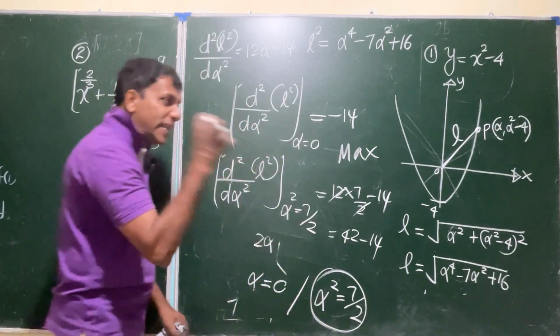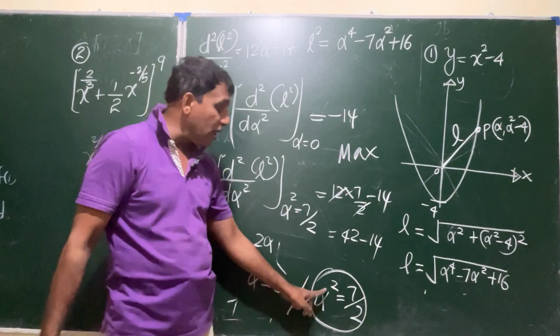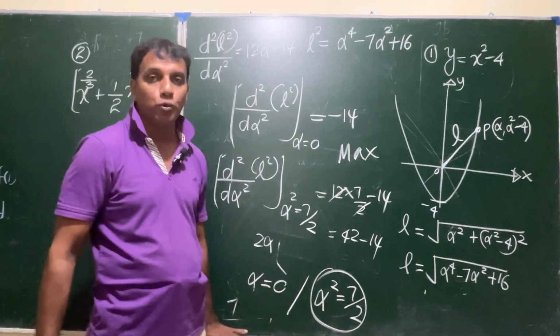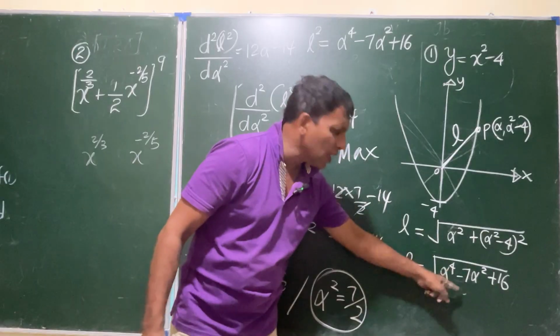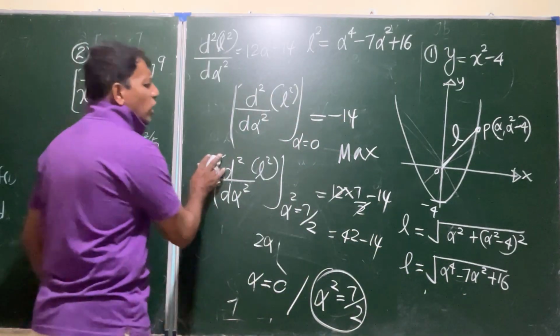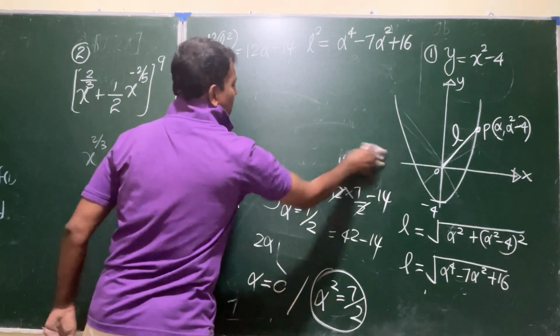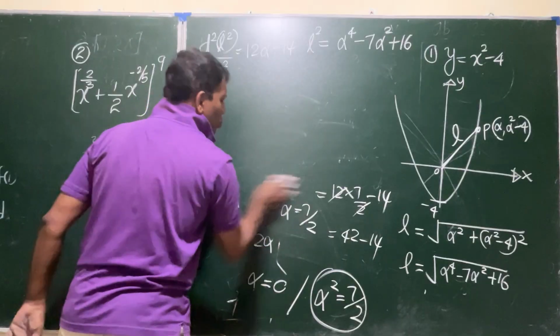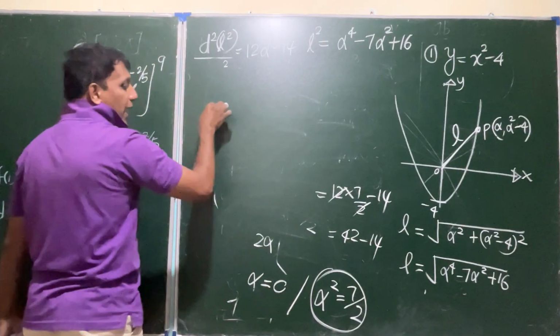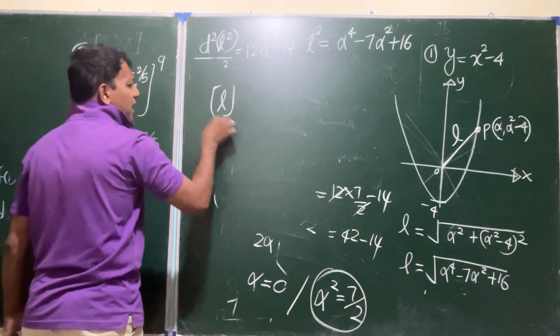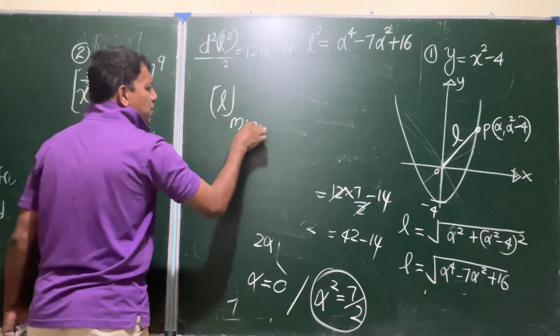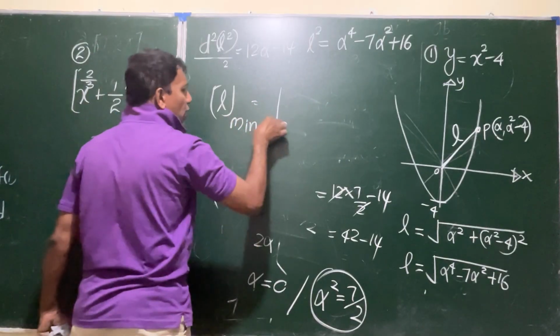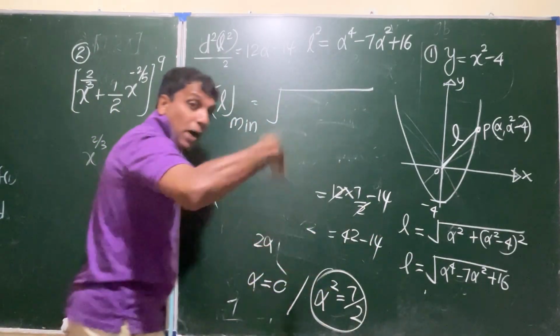Therefore, we take the minimum distance at alpha square 7 over 2. Therefore, the smallest length from the origin to the particular curve, L minimum. Okay, therefore L minimum is what? Square root alpha power 4.